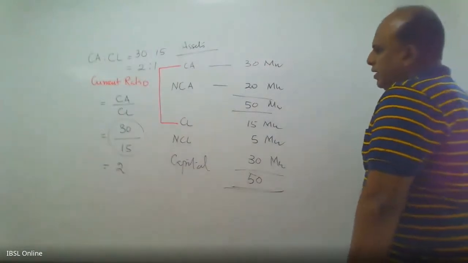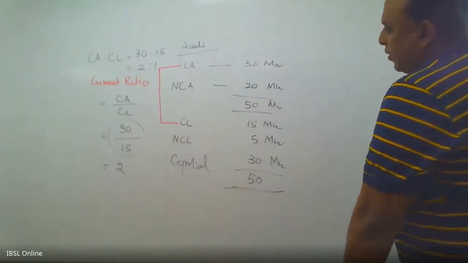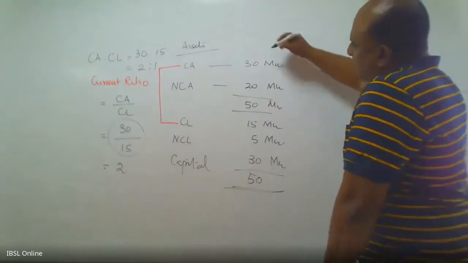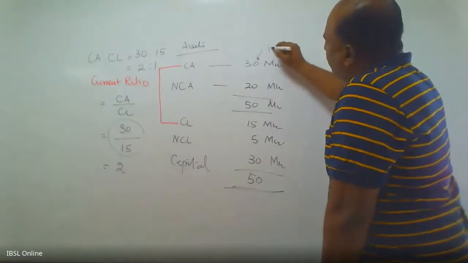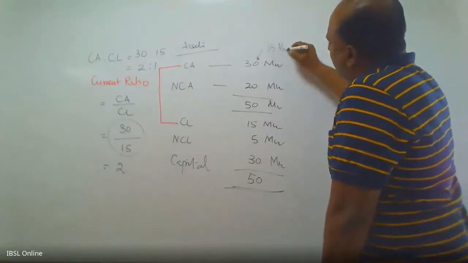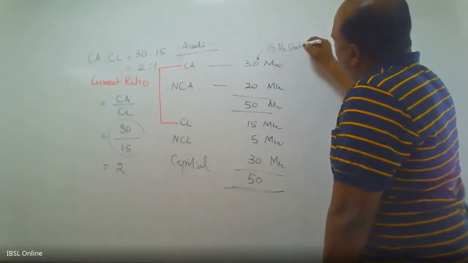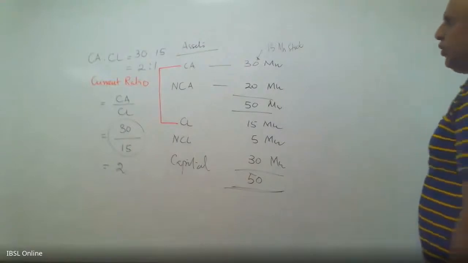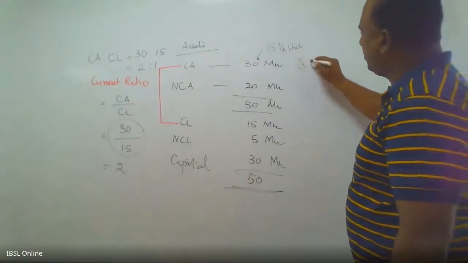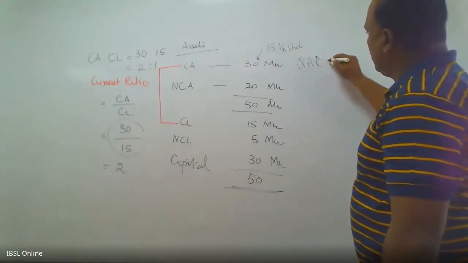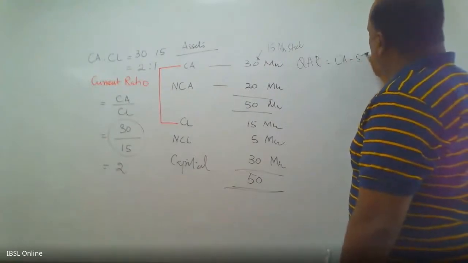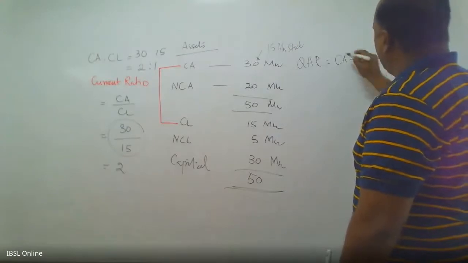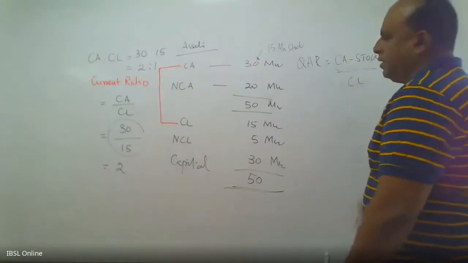Similarly, we do the quick asset ratio. Let's assume that within the current assets you have 15 million of stock. So your quick asset ratio will be current assets minus stock, divided by current liabilities.